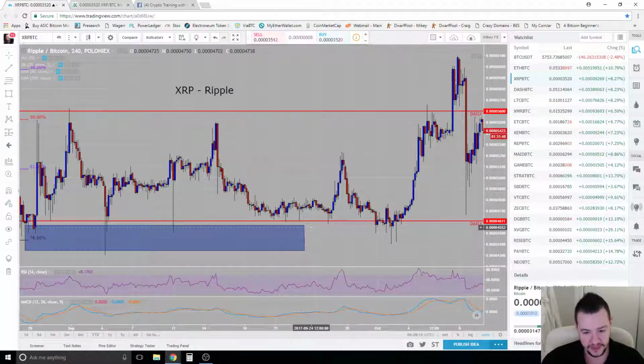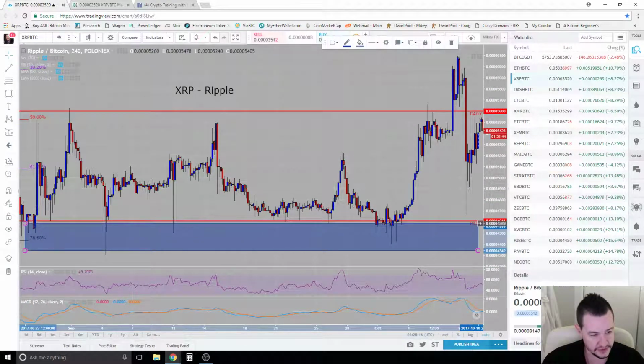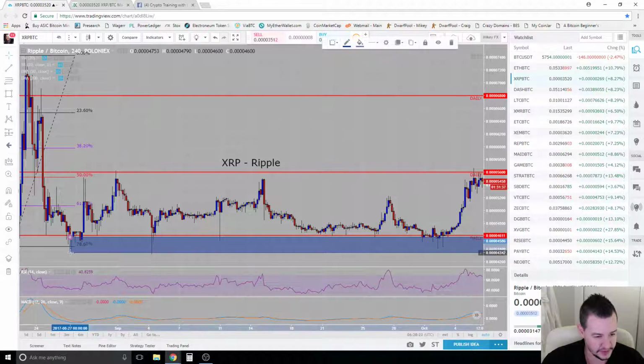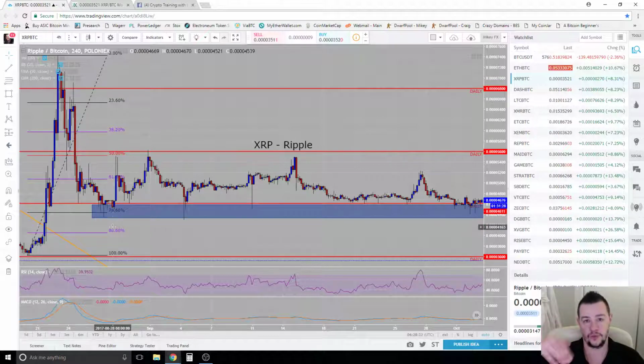Okay, so if we just keep dragging this across. Okay. So as you can see, guys, that's our low. That's our body of our candle. Okay, so you go from the wick back to the body.